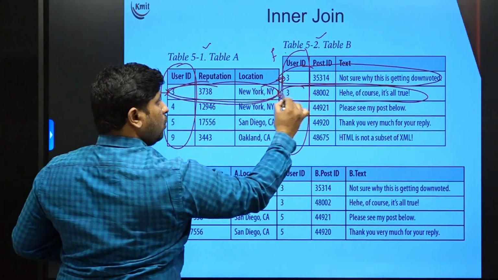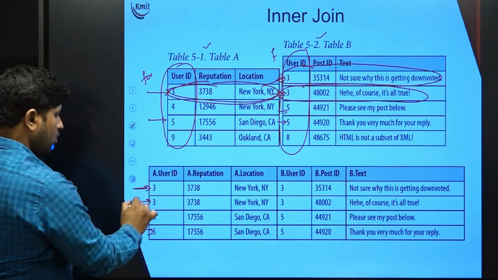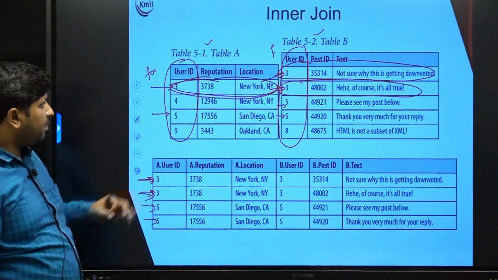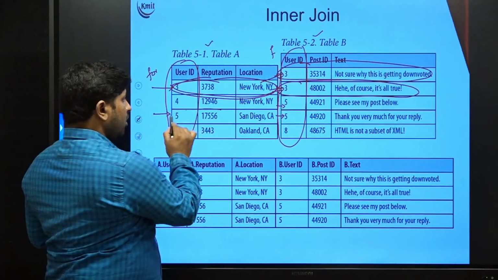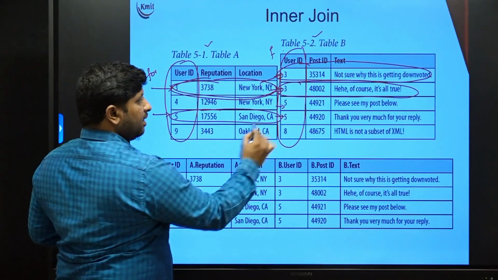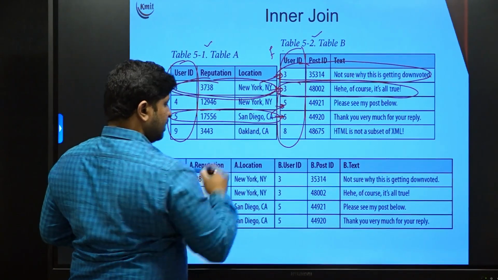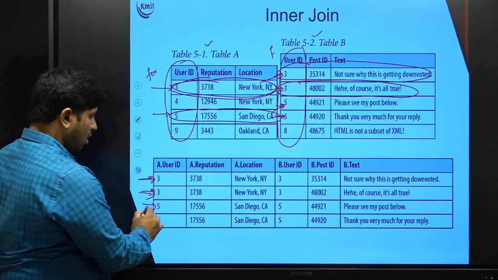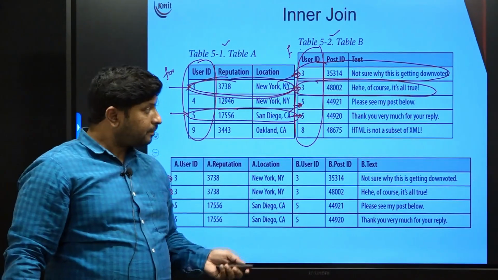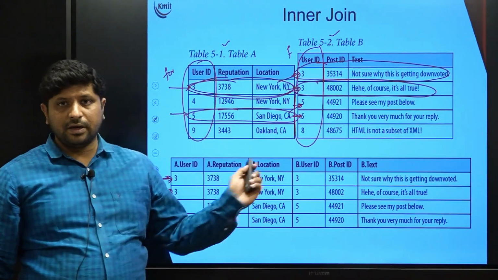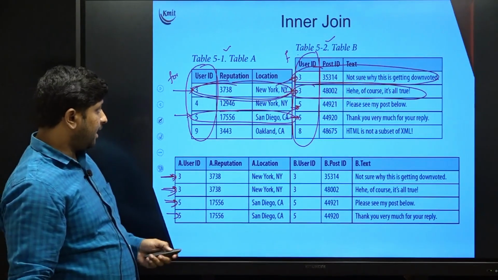So two records will be generated, clubbing table A and table B based on the field 3. If you go with the field 5, it will club with this as well as this. That is the output for inner join. Similar elements in both the tables are taken.